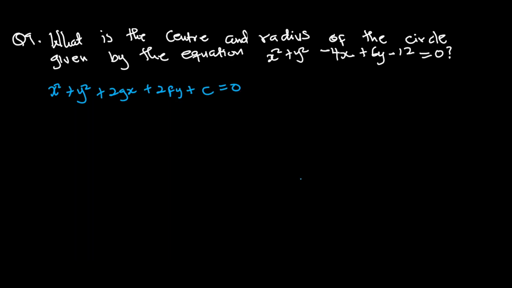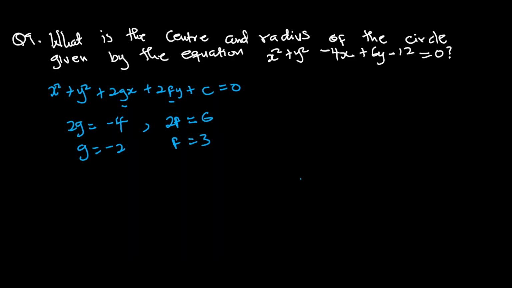Now when we compare these two equations, we'll be able to find j and then f. So to find that, we'll have 2j to be equal to negative 4, and then j will be equal to negative 2. Then we do the same thing for this one. 2f is equal to 6, and then we'll have f to be equal to 3.